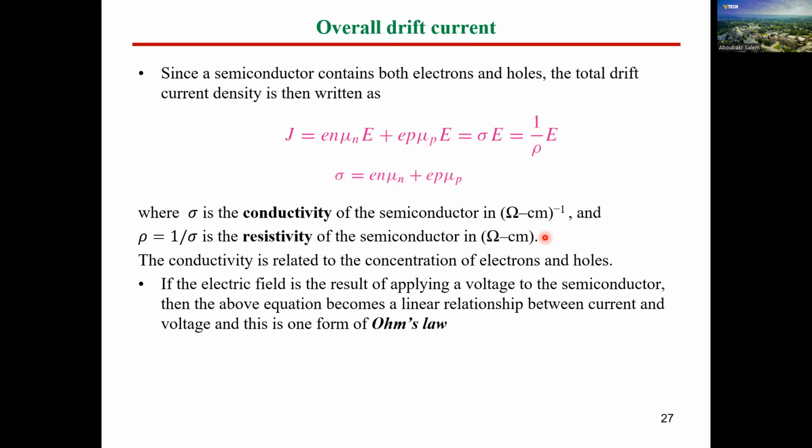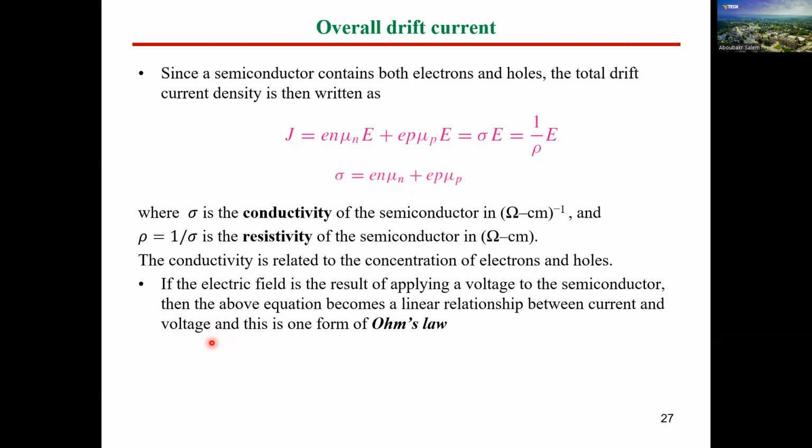So at this point, guys, we can say if the electric field is a result of applying a voltage to a semiconductor material, then the above equation becomes a linear relationship between current and voltage, which is referred to as Ohm's law.